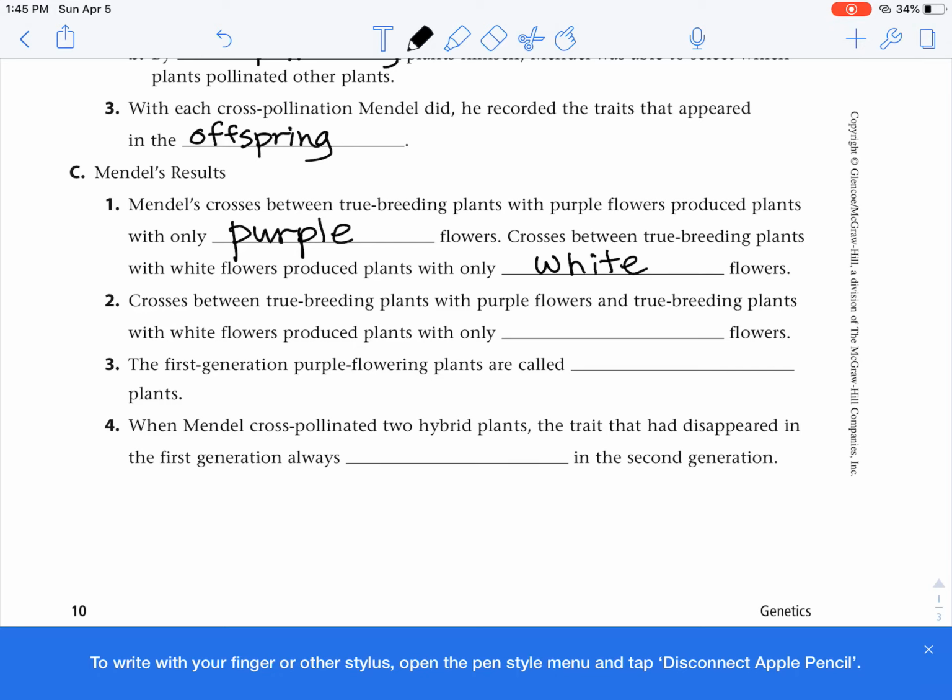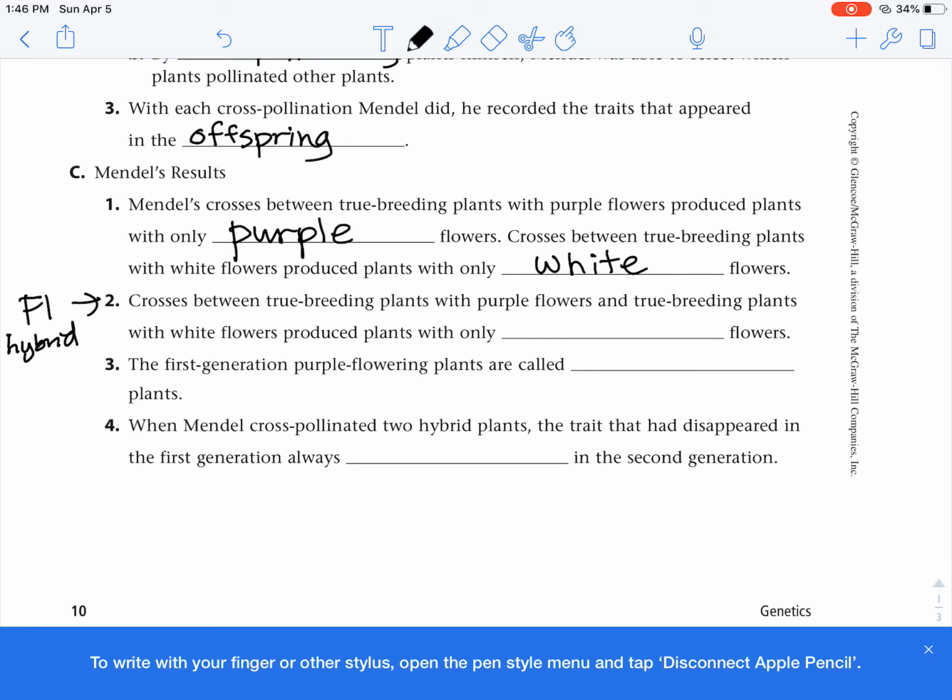Crosses between true breeding plants with purple flowers and true breeding plants with white flowers. Now we're looking at the F1 generation. F is for filial. It's the first, the hybrid, if you will. Okay, F1 or the hybrid generation.